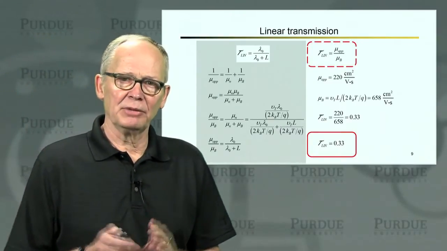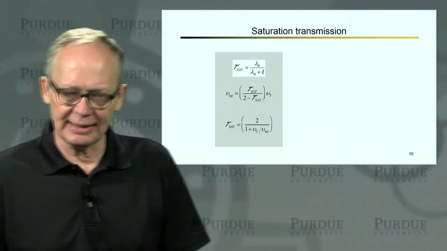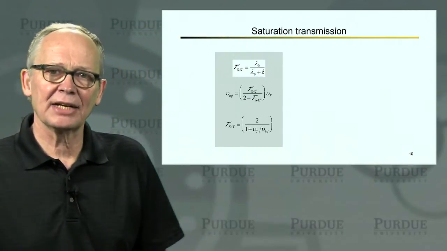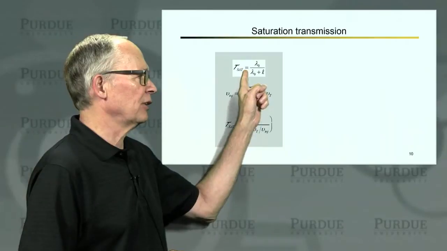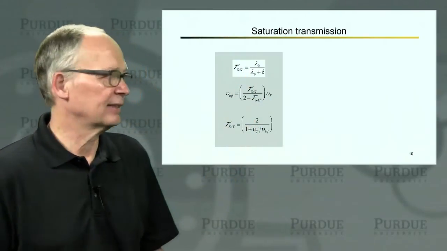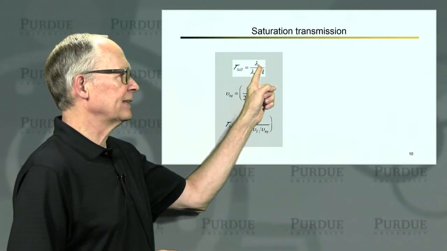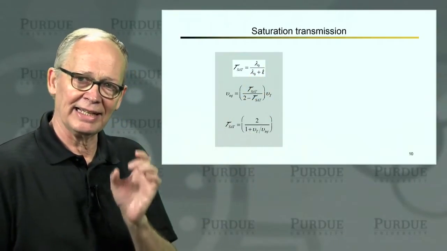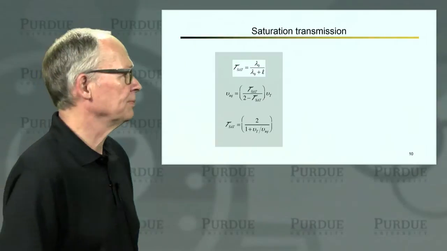Okay, so linear region transmission is something that is easy to extract from the experimental data. Let's look in the saturation region and see if we can extract the transmission in saturation. In this case, it's the mean free path divided by the mean free path plus the length of this critical bottleneck region.